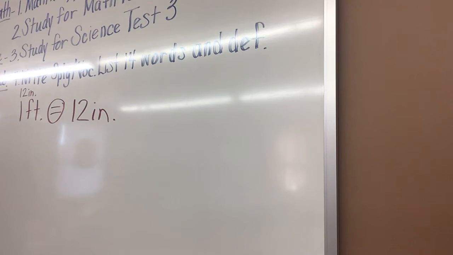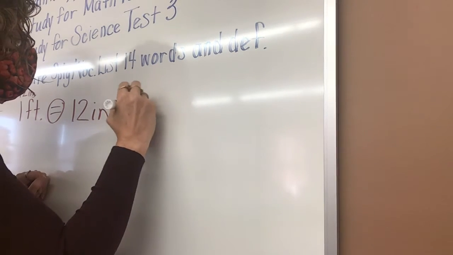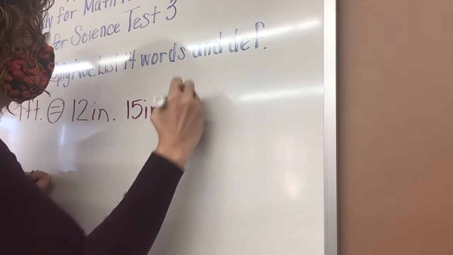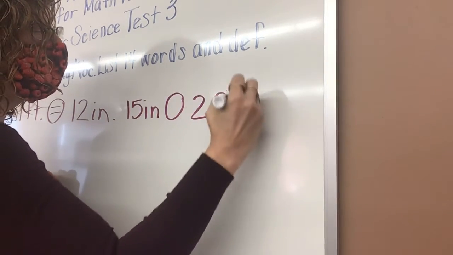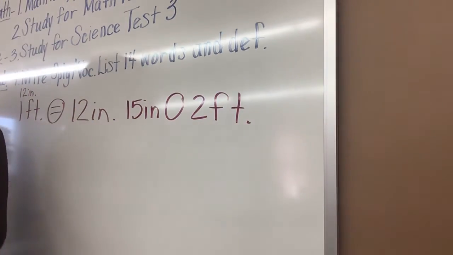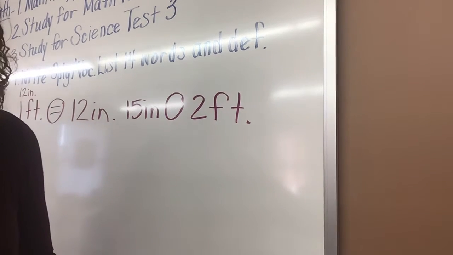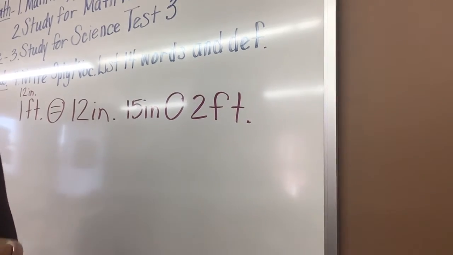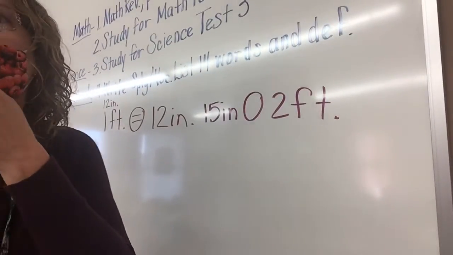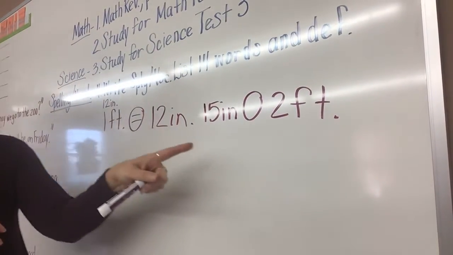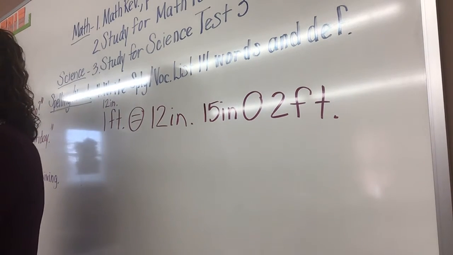This one says 15 inches and it says 2 feet. And again, I'm going to abbreviate. Now, can we change 15 inches to feet? No. But we can change the 2 feet to inches.